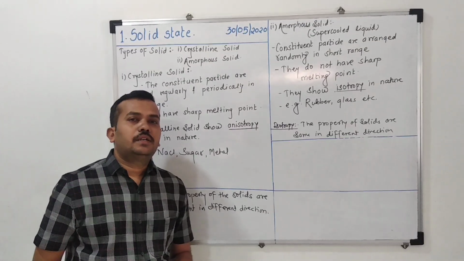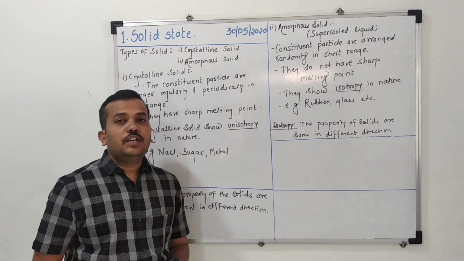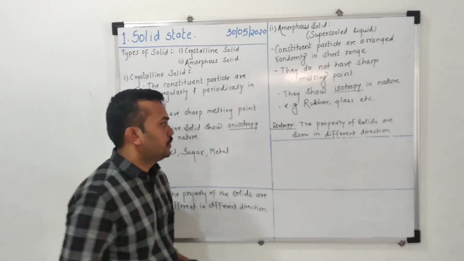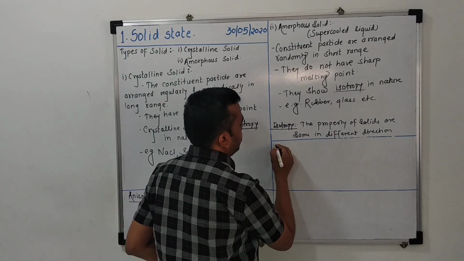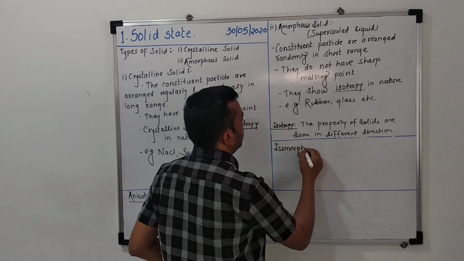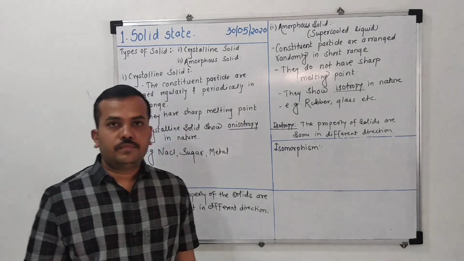The next topic is a small concept. What is isomorphism and polymorphism? Definitions are important. Isomorphism. Iso means same.